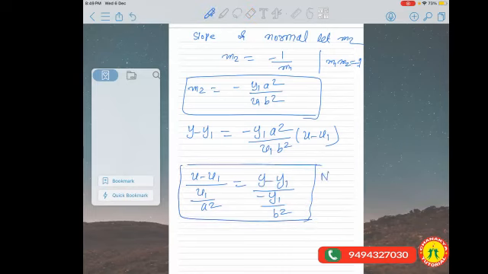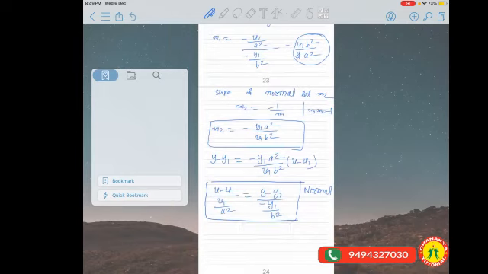So we need to remember the normal equation: x minus x1 upon x1 by a square equal to y minus y1 upon minus y1 by b square.